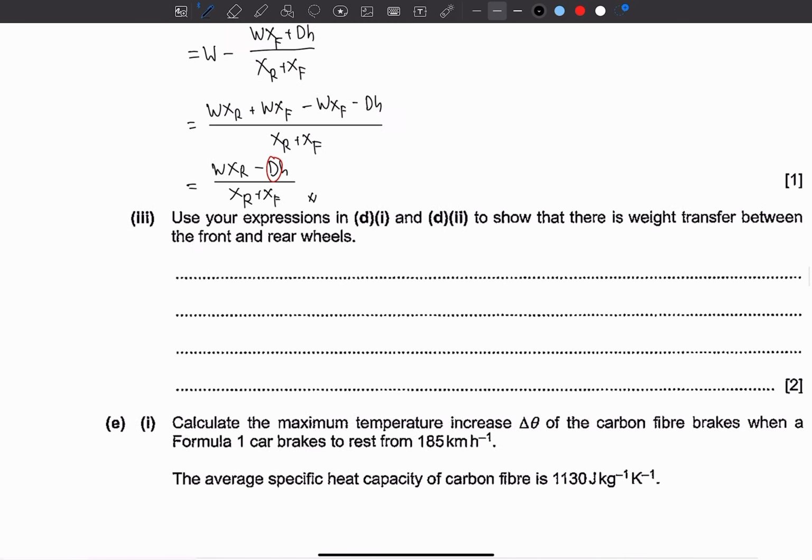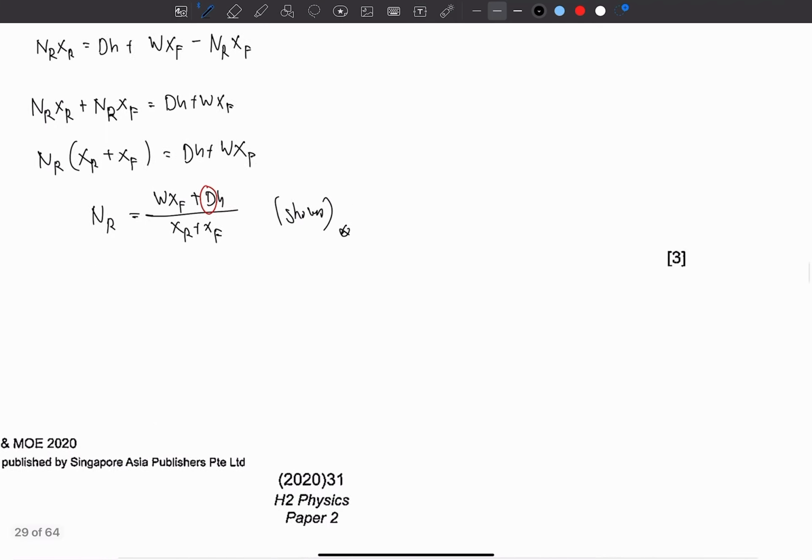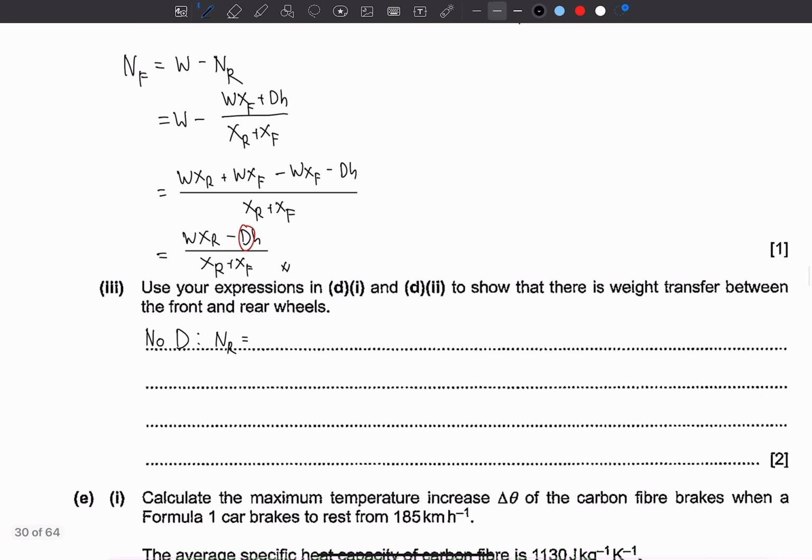So for no driving force, the normal reaction force in the rear wheel is equal to WXF over XR plus XF, while the normal reaction force in the front wheel is WXR over XR plus XF.